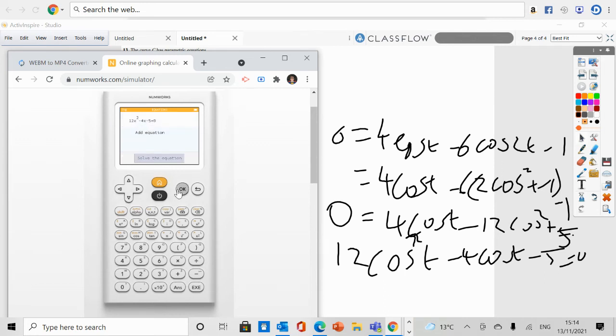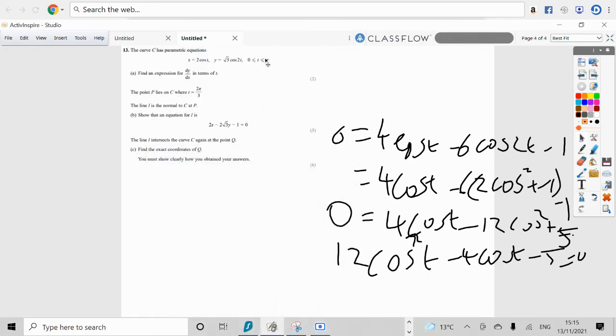Okay, solve. So I get x is minus a third and x is 5/6. And that's the one I want to use, don't I? So I want to use that second one. This x value I want to use, 5/6.